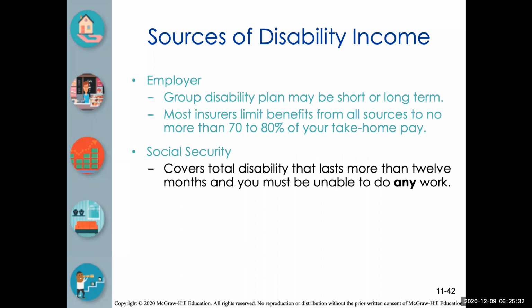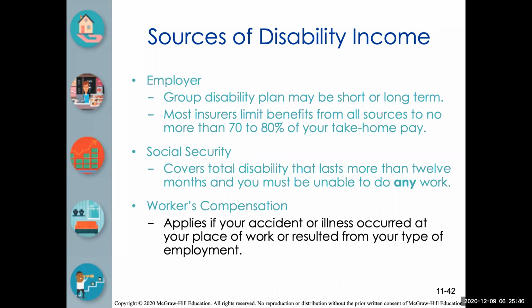And then workers' compensation is another form of disability income, which becomes applicable if the accident or illness occurs at your place of work, or your accident or illness resulted from the type of employment that you had.